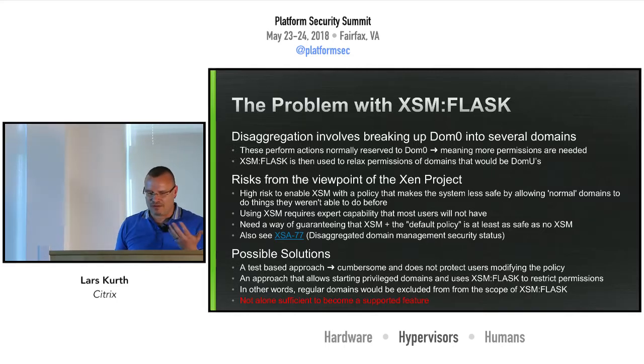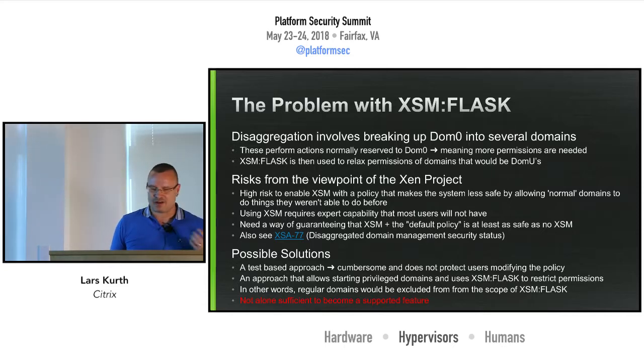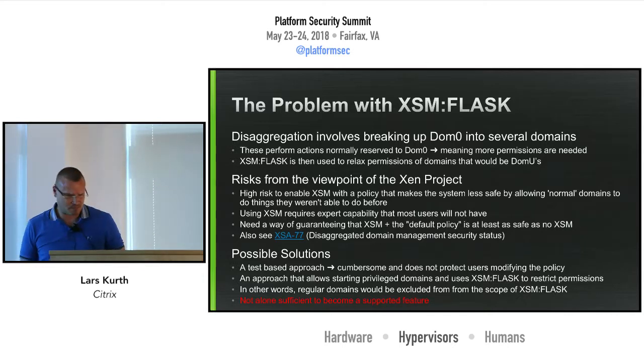So how could we solve this? Well, we first thought, maybe we can just throw a lot of testing at this, but it's complicated and not really easy to do. It also doesn't help because it doesn't protect against novice or stupid users just writing stupid policies.